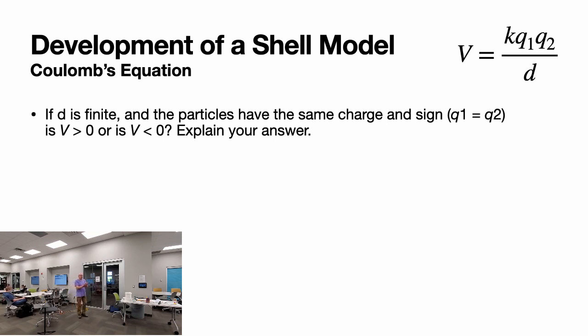A positive is going to be when Q1 and Q2 both have the same sign. So a positive times a positive is going to give you a positive value. A negative times a negative is going to give you a positive value. And if they have the same charge, they are going to do what to each other? Repel.